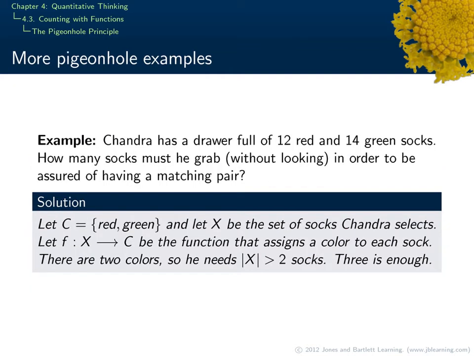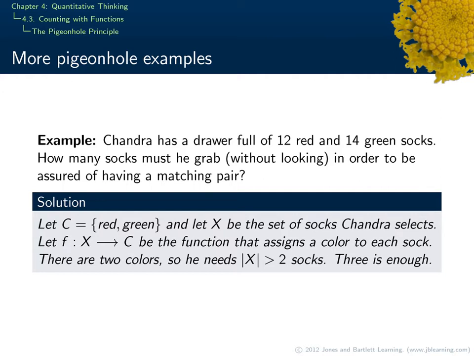So here's another classic pigeonhole principle example. We have Chandra, who has a drawer full of 12 red and 14 green socks. So in the dark, he goes looking to find a pair of socks that match. And the question is, how many socks must he grab without looking in order to be assured of having a matching pair?